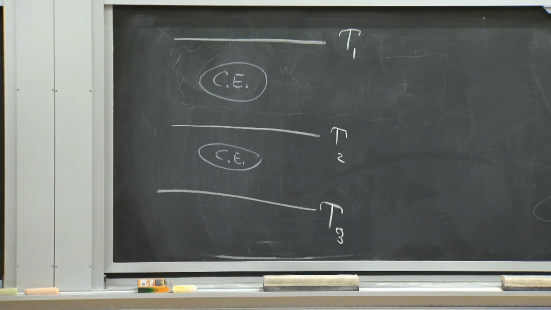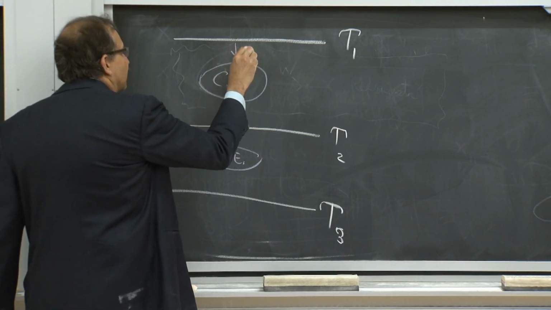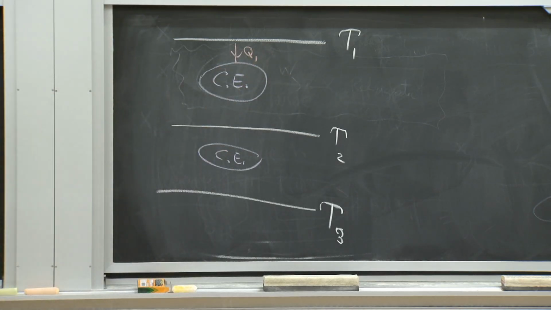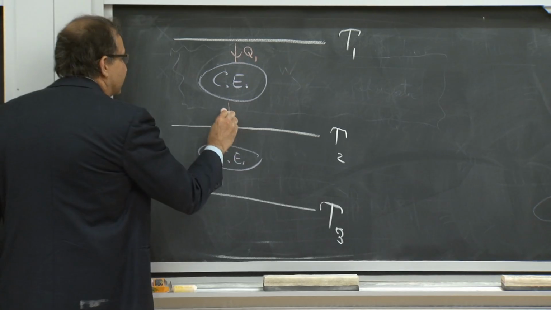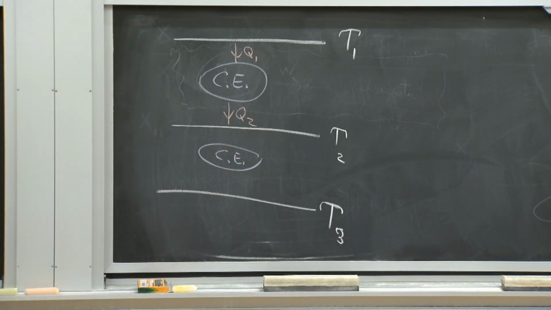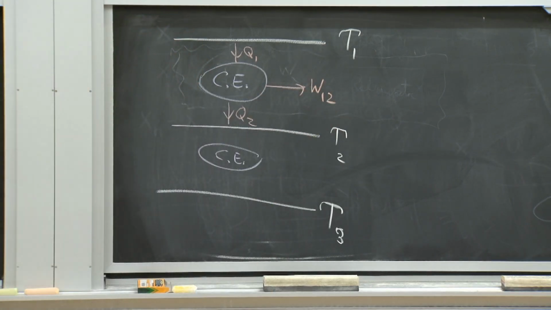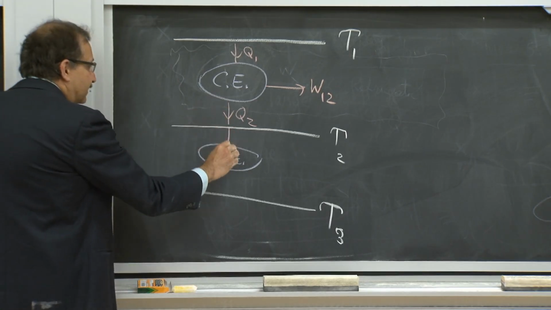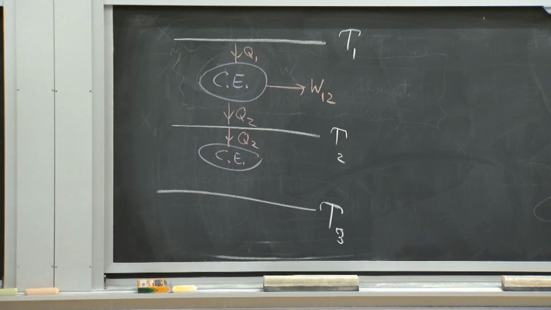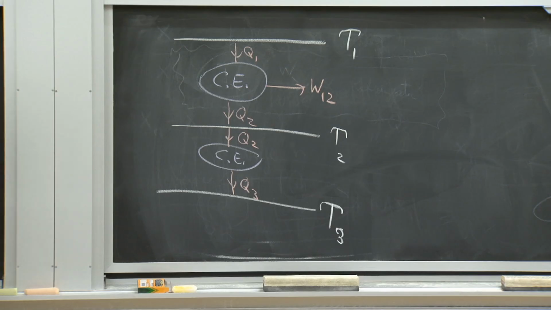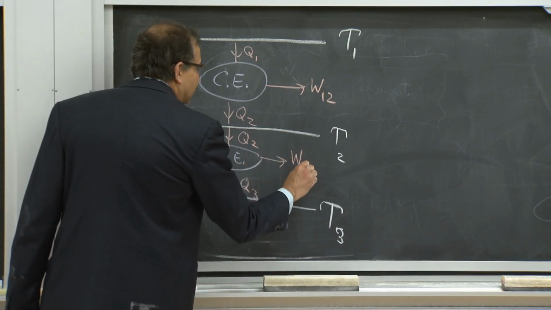And the first one is going to take heat that I will call Q1 and release a heat that I will call Q2, in the process doing a certain amount of work that I will call W12. Now what I will do is I will use the entirety of that heat, Q2, to run the second Carnot engine to temperature T3, releasing here the amount of heat Q3 and doing a certain amount of work W23.